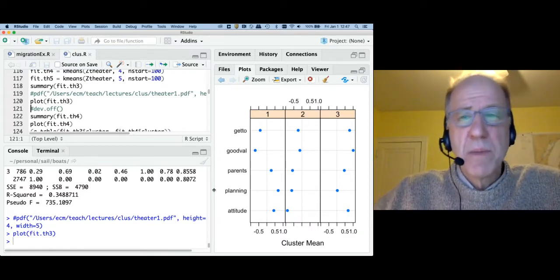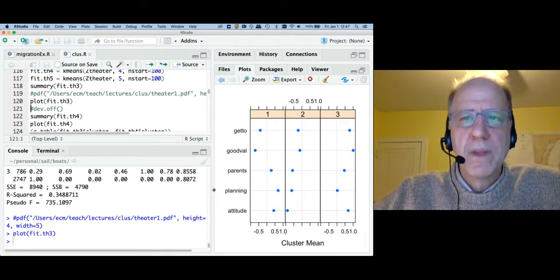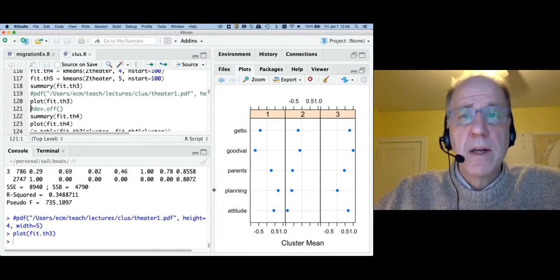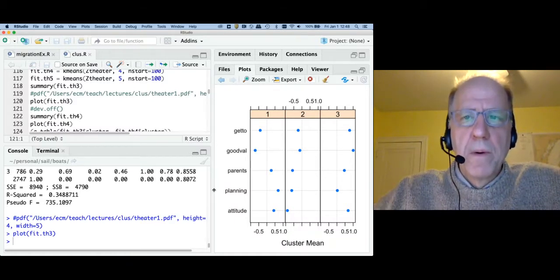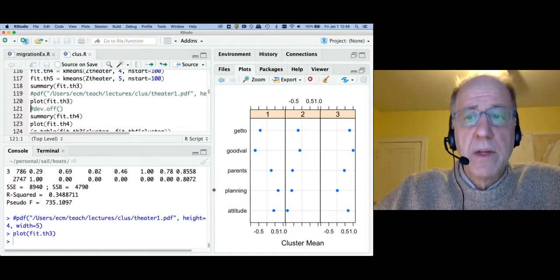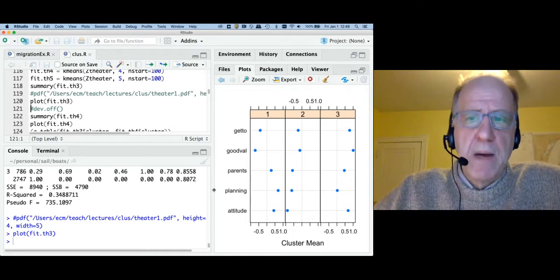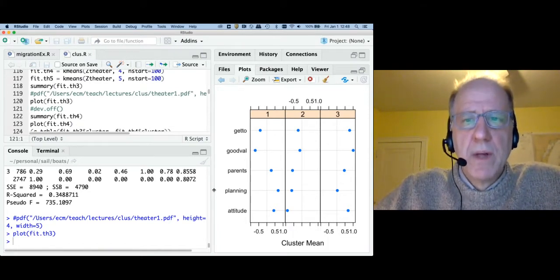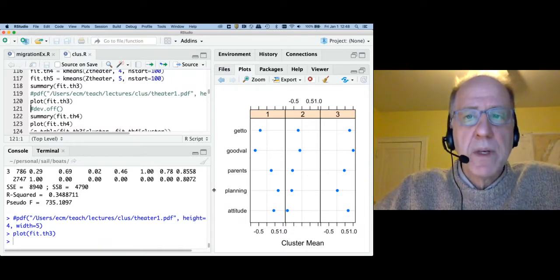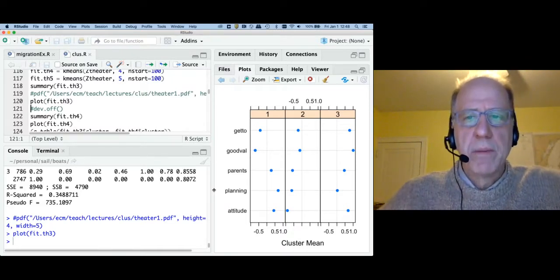So if a cluster mean is around 0, what that means is that cluster is typical in the entire population on that variable. When cluster means are greater than 0, that means that cluster is above average on that variable. Clusters with a negative mean indicate they're below average on that variable.